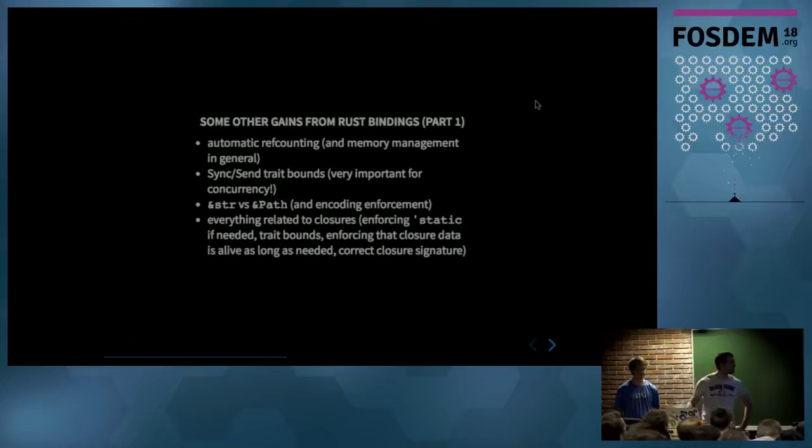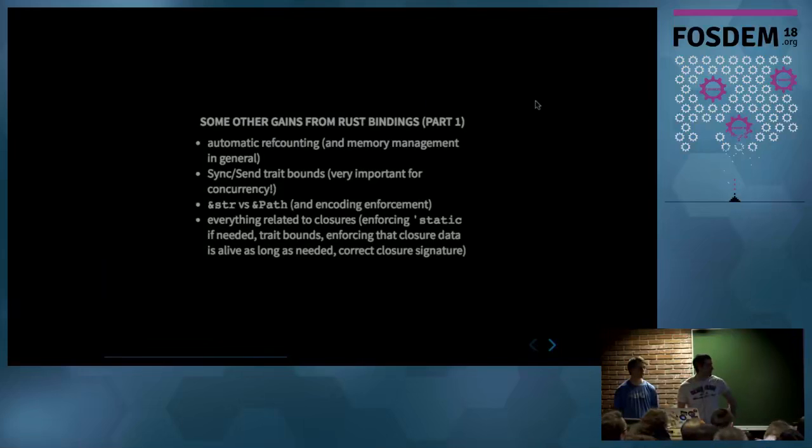So some other gains. There are quite a lot brought by Rust directly. Automatic referencing and memory management brought by the Rust compiler directly. The Sync and Send trait bounds, which are used for signals, for example. So like that, you're sure your object won't be destroyed and then called after being destroyed. Makes sense.